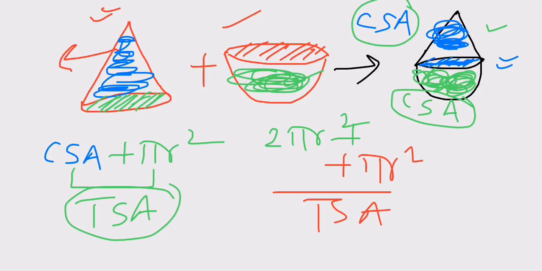Once again I am reminding, you are not supposed to include this internal circular area of the cone as well as of the hemisphere, because this portion will not be visible to us. The total surface area is only that portion, that region of the toy where you can whitewash, or where you can touch, or where you can do the painting work. Now everything is pretty clear, so we'll move to the first page.